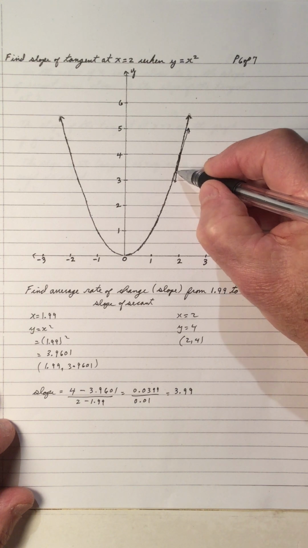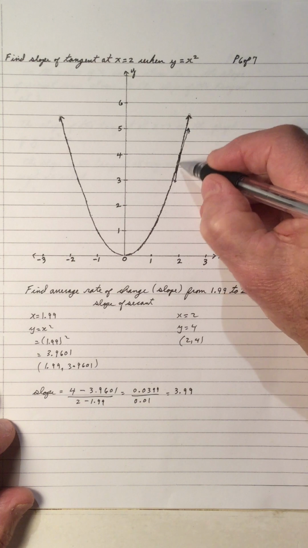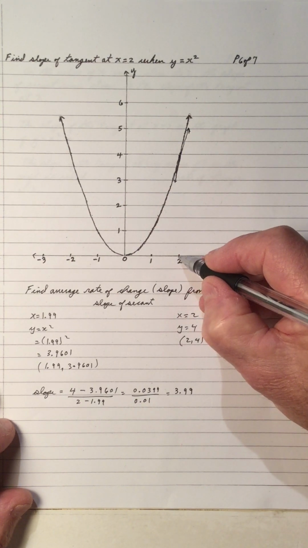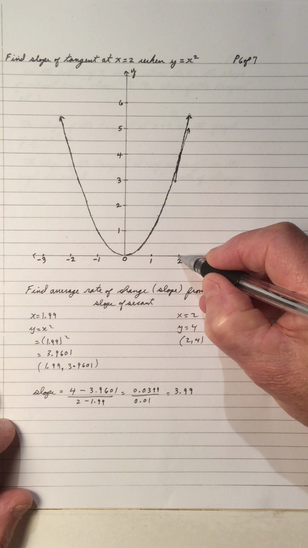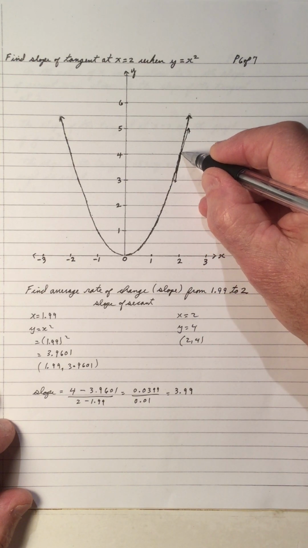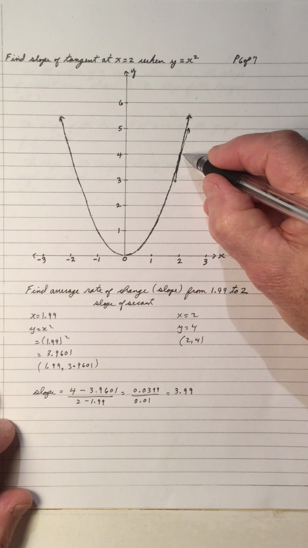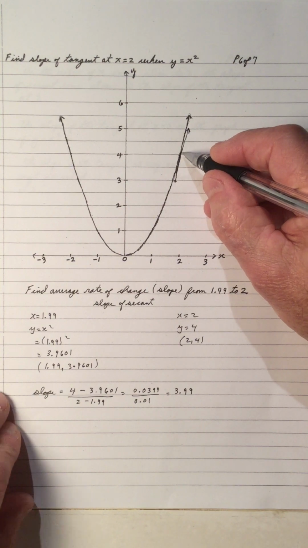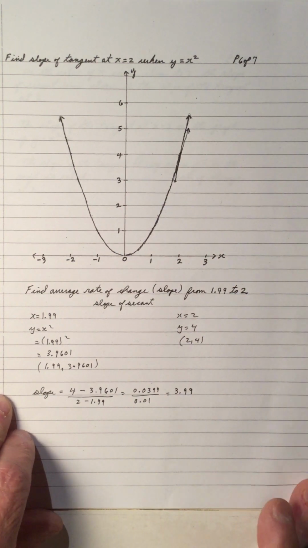So this secant looks like it's approaching the tangent. If I went closer and closer to the 2, the closer these 2 points are together. Eventually, when I hit 2, there'd be just 1 point, and you'll have a tangent.